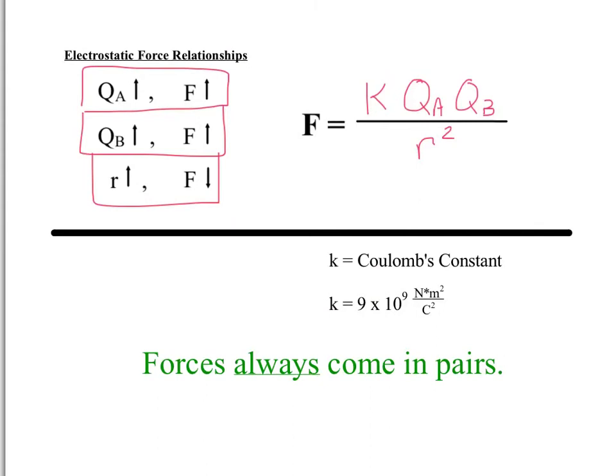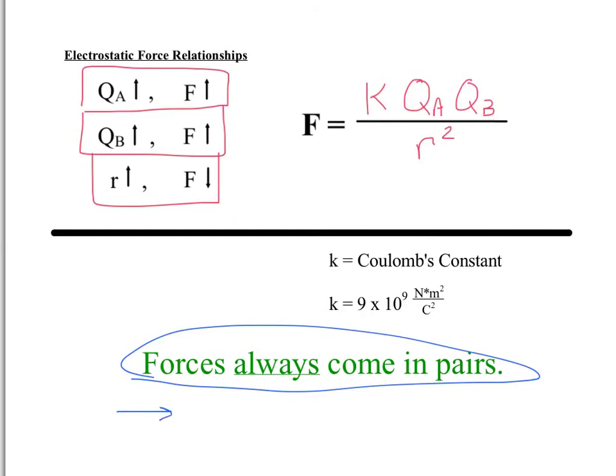Now there are a couple other pieces of this. Because forces always come in pairs, we know that could create an attractive force or a repulsive force. And in either case, we see that the forces are pointing in opposite directions. So this force equation actually doesn't tell us direction. It only tells us the size, or the magnitude.